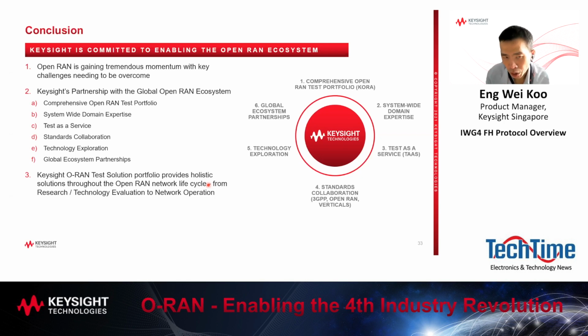That includes the radio, RF, millimeter wave, the radio access network, full stack expertise, and lab and field testing expertise in terms of transport, timing synchronization, and clouds. We also offer test as a service in cases where customers need our advice, in terms of how to participate in standards, how to design the test cases, where to deploy O-RAN, and standards collaboration within the O-RAN Alliance and 3GPP.